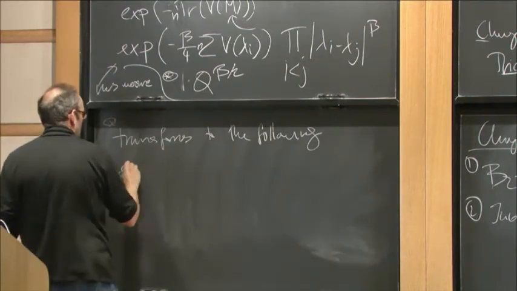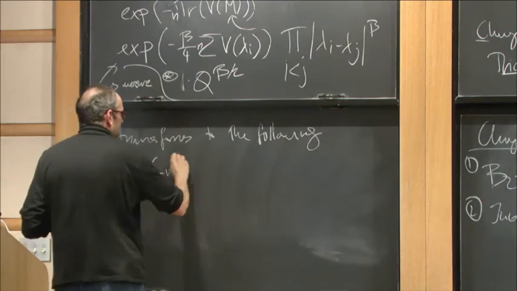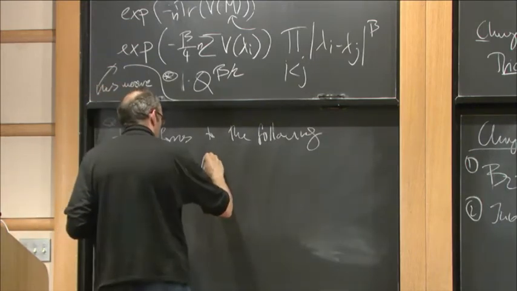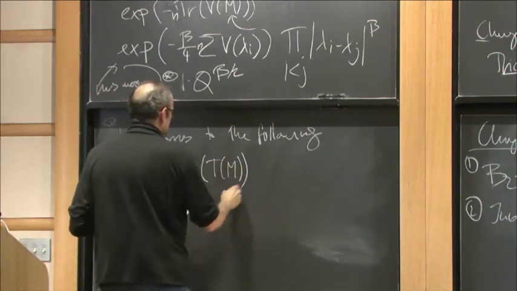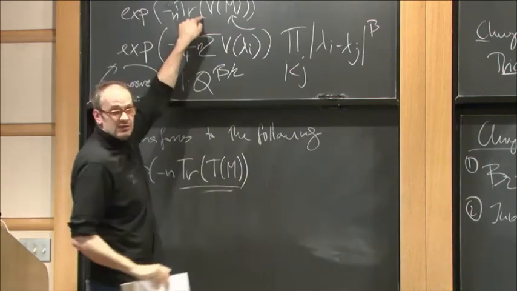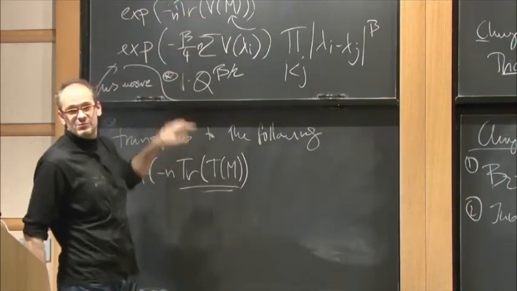It's exp to the minus n trace of V of T. So what is this one? This just comes from this factor. It didn't change, I just moved that factor over.